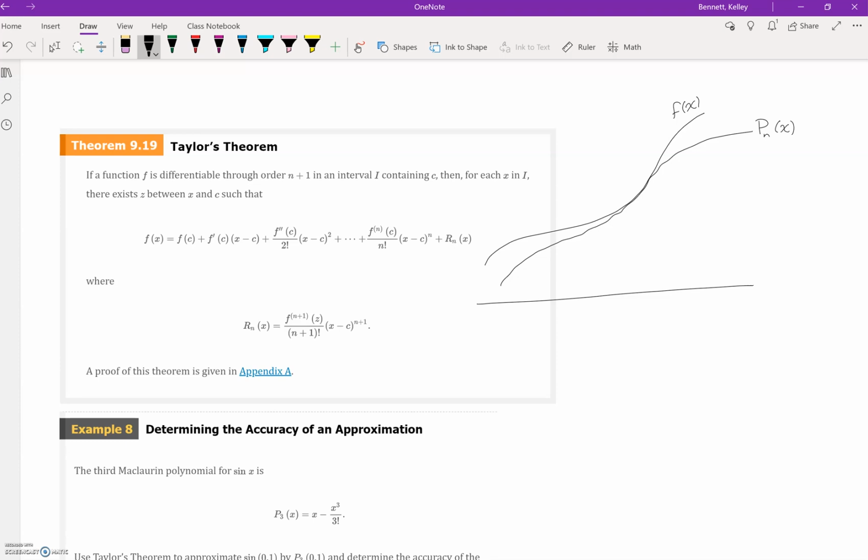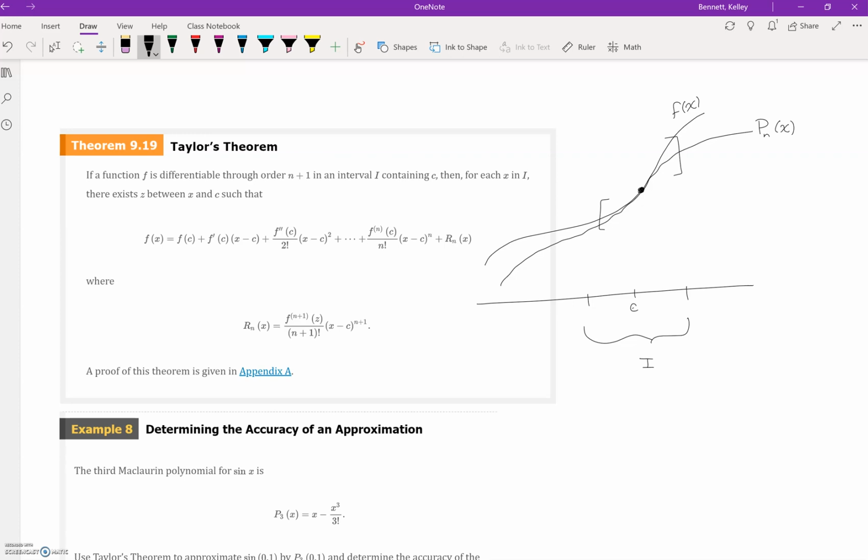So you know that there's this interval where it's really, really good, and you can think about this as your interval I. And there's a point that we center it on, that we call c, for which not only is the Taylor approximation very, very good, it's actually equal to it at that point. That's actually how we build the Taylor polynomials, from that point, and then we say it's good on the sides.